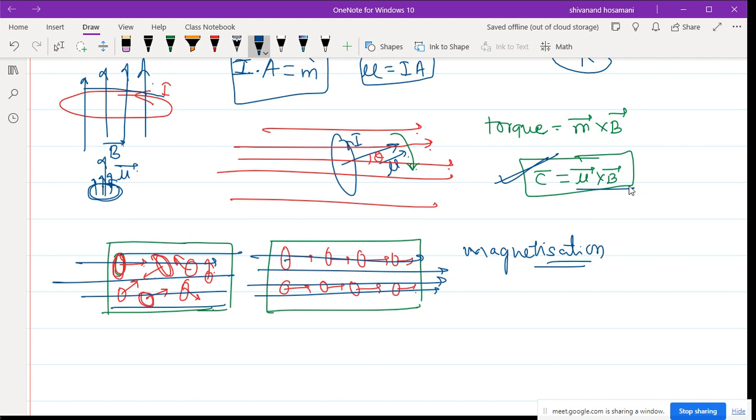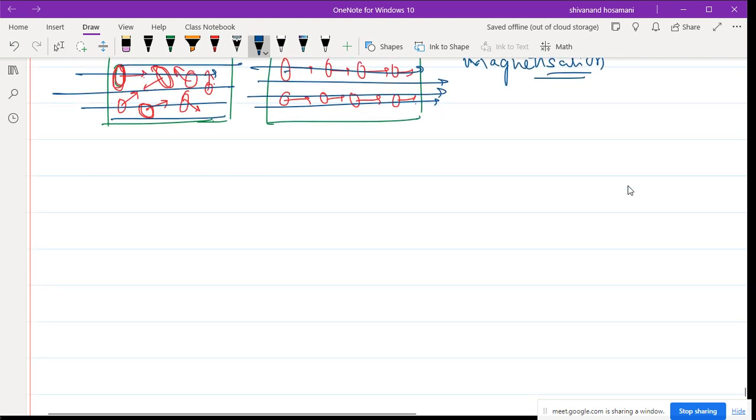And similarly, let us consider the magnetic moment. If I consider, for example, the electron system, the electron going around the nucleus in a circular path, let us consider this electron. Because of this electron motion there is a current flow.